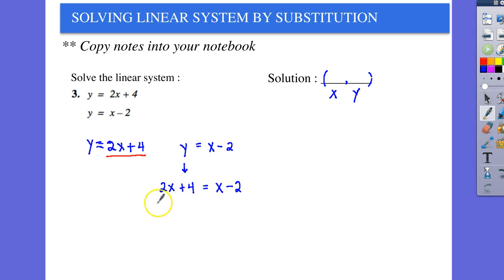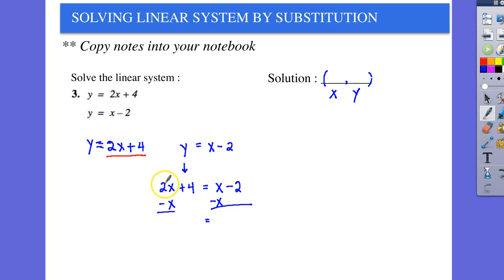So now, as you can see, you have a new equation here, and there's only x. You can solve this. This is an equation where you have variables on both sides. So let's solve that. You have 2x plus 4 equals x minus 2. Let's collect all the variables over to one side. So I'm going to take away that smaller of the two, minus x.